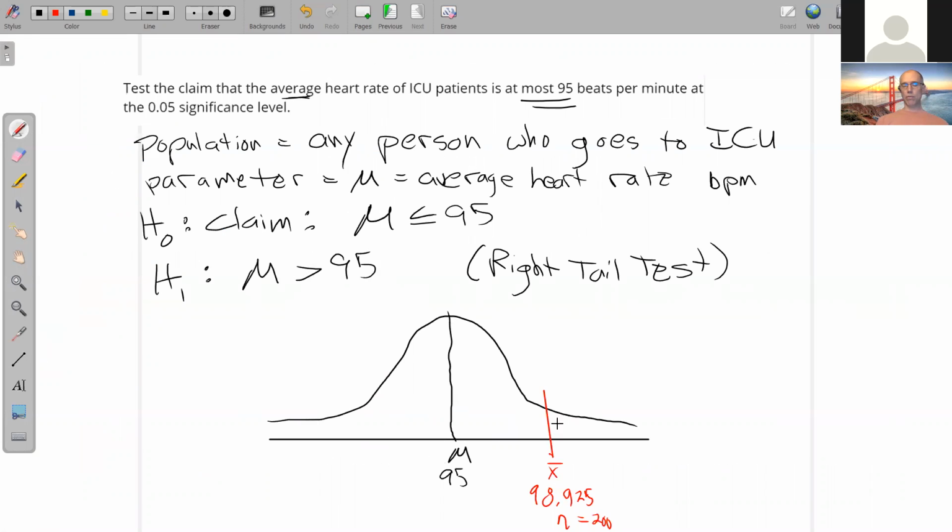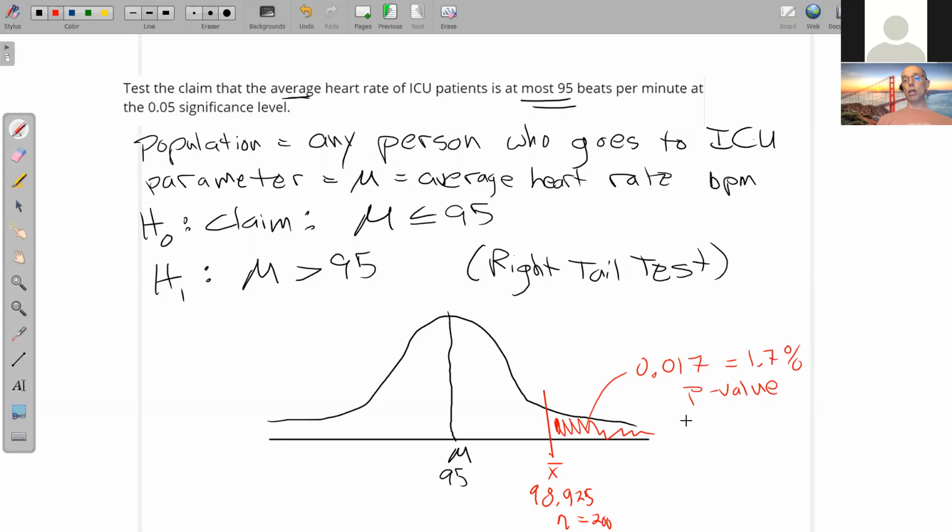So we found that if we look for another sample of 200 people, the chance of finding such a sample where the mean is greater than 98.925 is about a 1.7% chance of happening. This is our p-value. And again, I'll interpret that in a minute too, because that interpretation is important and a bit tricky.